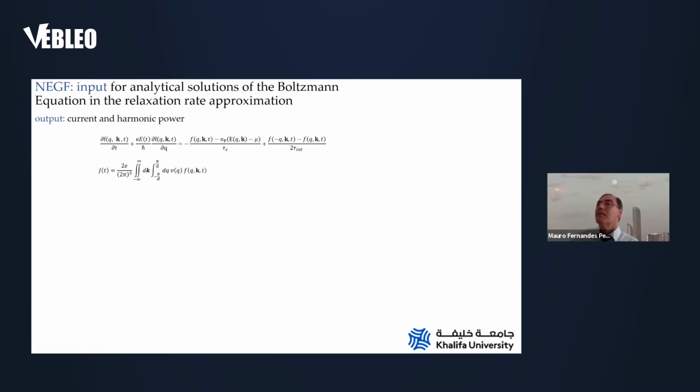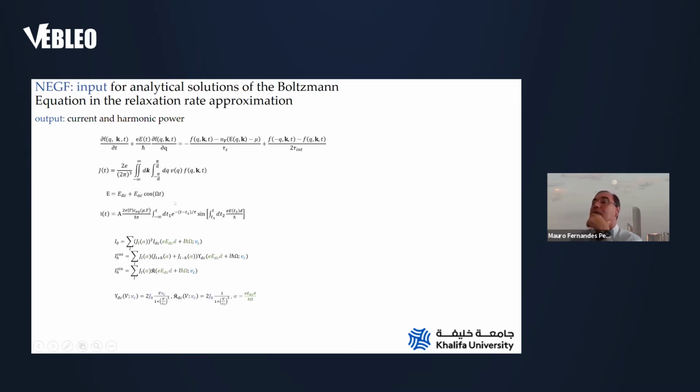And how do I actually solve my problem for the superlattice? The problem is the following. The current non-equilibrium Green's functions code that we have has convergence problems for very small frequencies and high powers. So what I do is to combine input from the NEGF code with solutions of the Boltzmann equation in the relaxation rate approximation, for which I have analytical approximations and for which I can put whatever power I want and it still works.